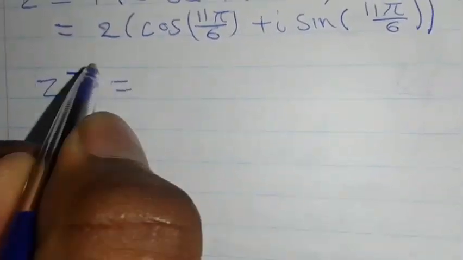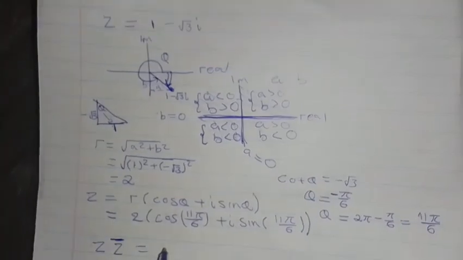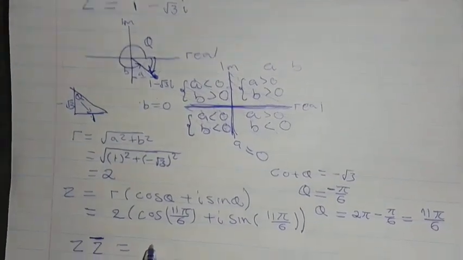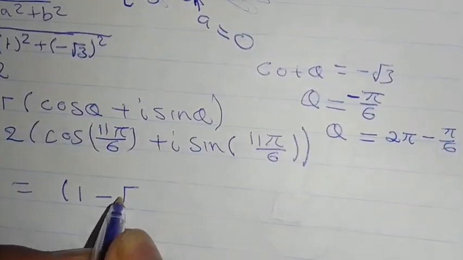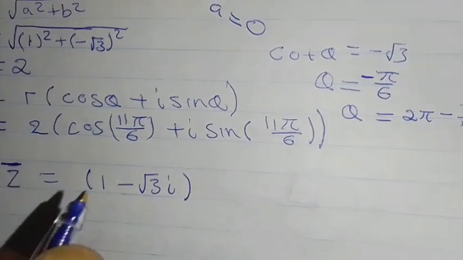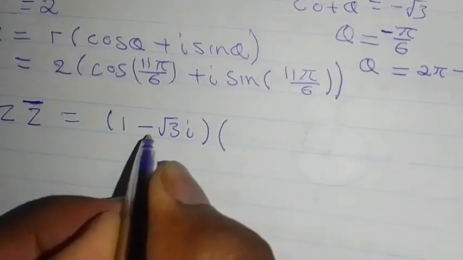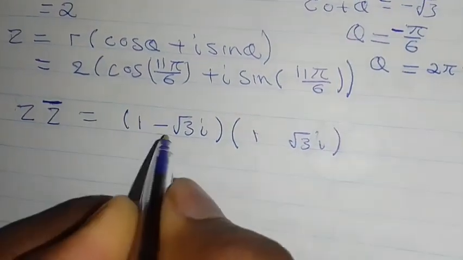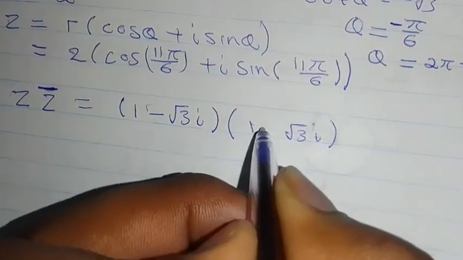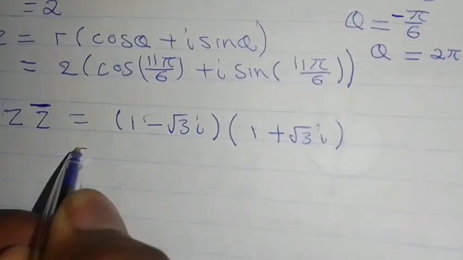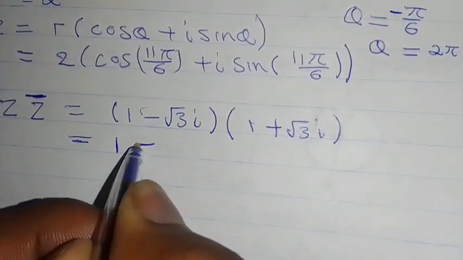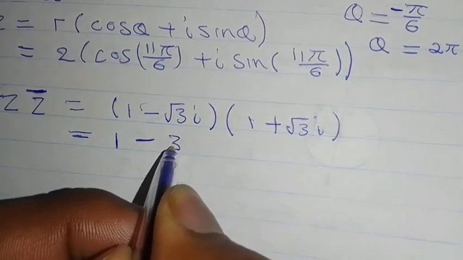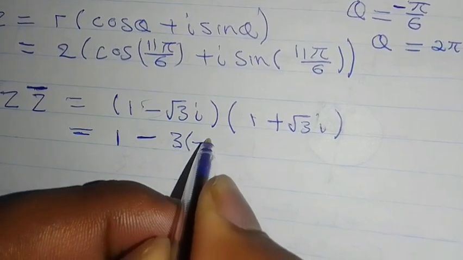Suppose that when we look at this, let me just use this example where z equals 1 minus root 3i. And for the conjugate, you keep the terms the same, but you just swap the sign here, so you'll have positive here. So you'll end up having 1 minus root 3i multiplied by 1 plus root 3i.